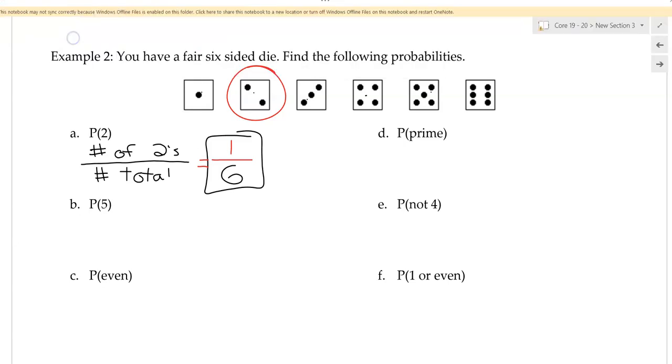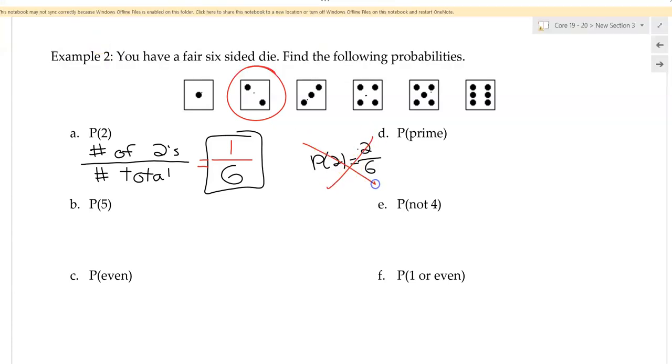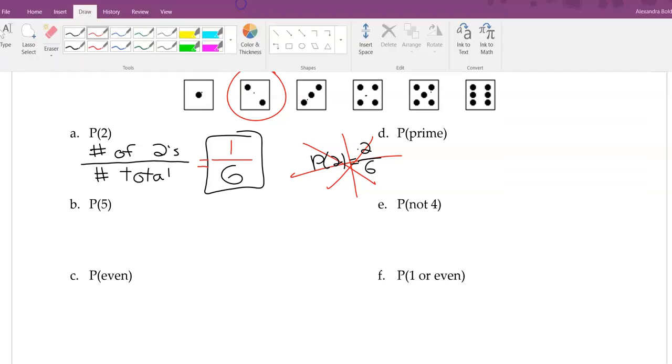A lot of people write this. They see the 2 and they want to put a 2 there. That is wrong. Don't do that. No. I'm going to put every X through it possible. Okay? Just be very careful when your event is a number, because it's already in your mind, you just want to write the 2 down, and it's not 2. It's 1, 2 out of 6.